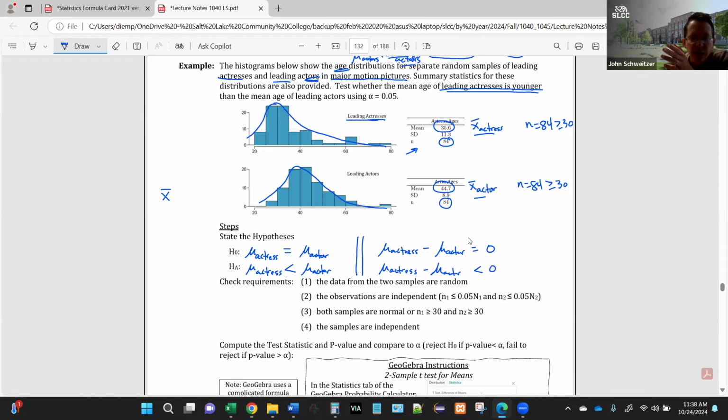So if you have an x bar that's normally distributed, let's imagine that the actresses' x bar is normally distributed, and you have another normally distributed variable, and you subtract those two, then the difference itself is also normally distributed. That normal distribution is quite powerful and very flexible. So the difference between those two normally distributed variables can also be normally distributed. Okay, so that's the idea. So we're still using a normal distribution for the difference between the two x bars.